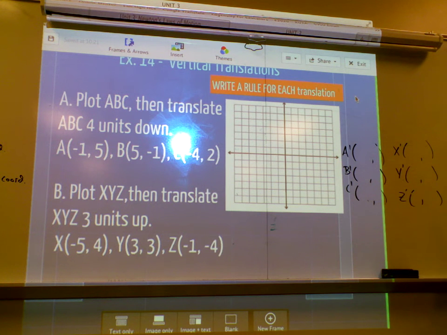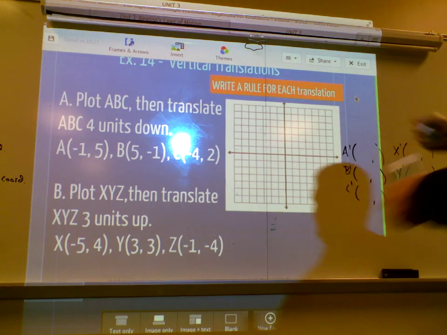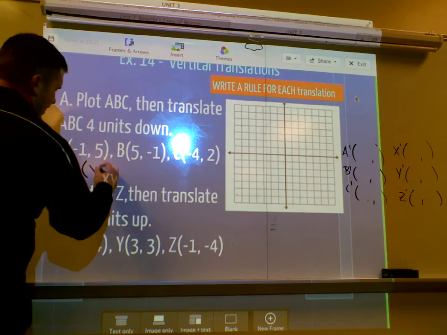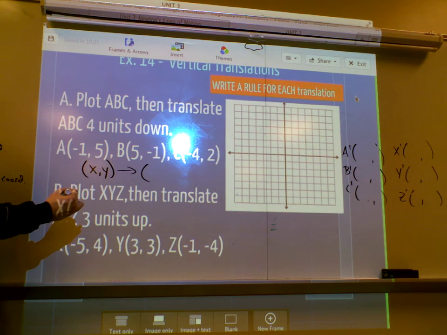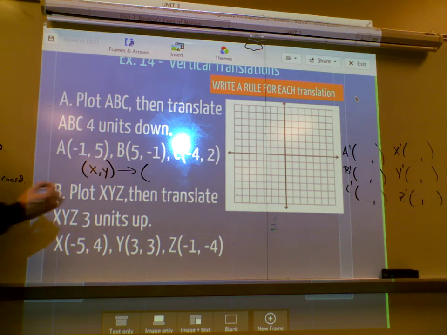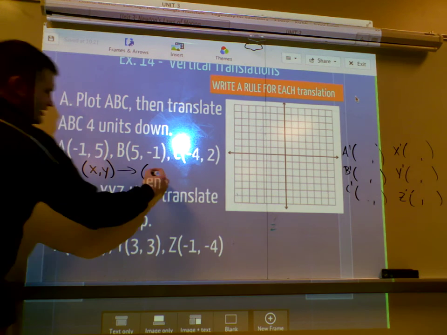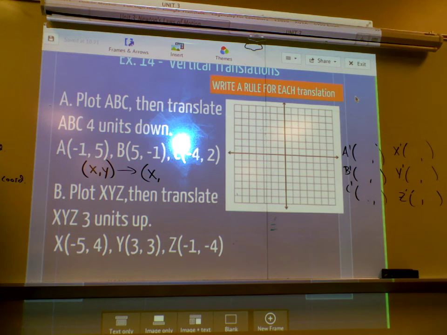So, A, B, C. I want to move 4 units down. Is down positive Y or negative Y? Negative Y. So our rule is X comma Y becomes what? Does X change? No, X does not change. Does Y change?